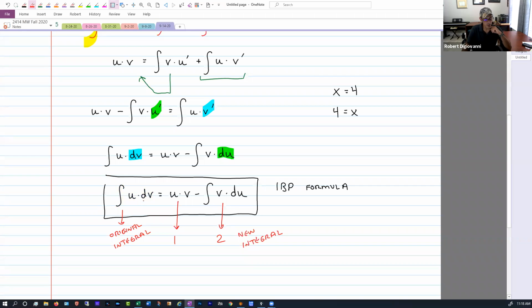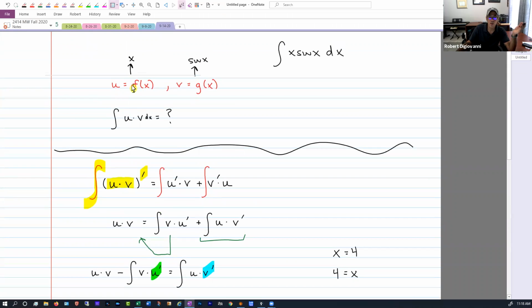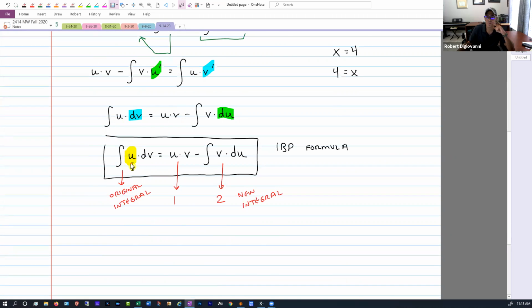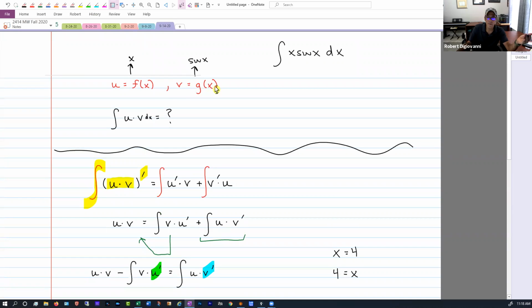In the original integral, you have something u, right? And remember what u was? Some function of x, right? So you've got some function of x sitting there in the original integral. And next to it, you have dv. Now what's dv? dv would be the derivative of some other function g, okay?